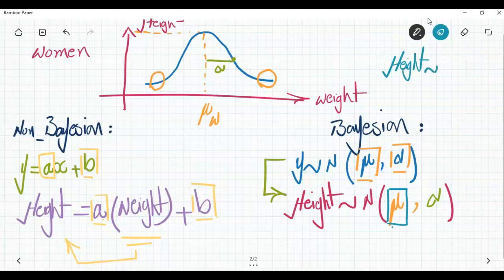It's a normal distribution, for example, of the mean of the height. Let's say the mean is going to be 165 centimeters, and we have a standard deviation of 15 centimeters, for example.